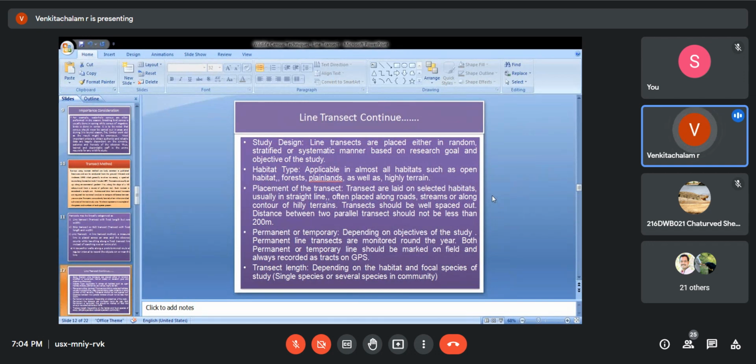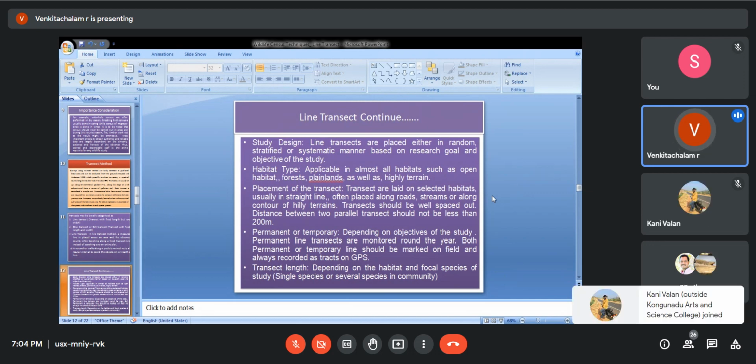Some of the placements are also important. Transects are laid on selected habitats, usually in a straight line, often placed along roads, streams, and along contours of hill terrains. Transects should also be well spaced out. The distance between two parallel transects should not be less than 200 meters.